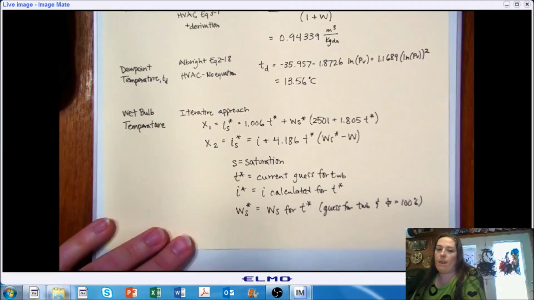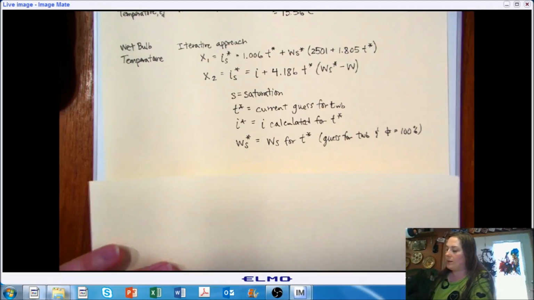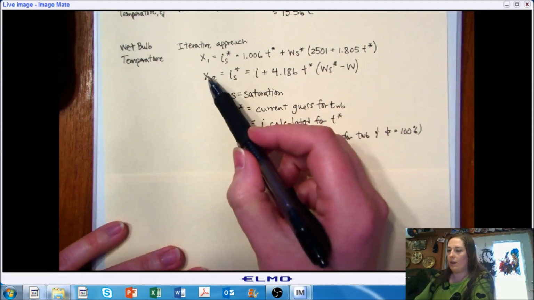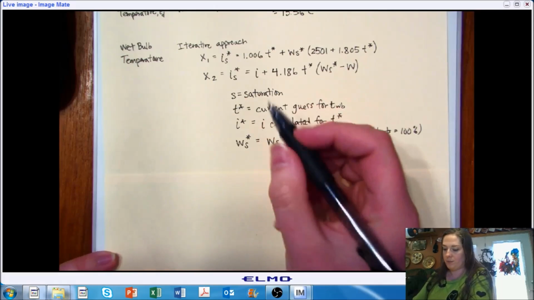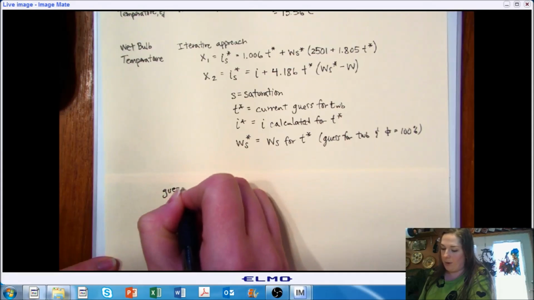And then essentially you have to start with a reasonable guess for your wet bulb temperature, and then you revise that guess until the resulting difference between these two is acceptable to you. So let's apply this to our current example.